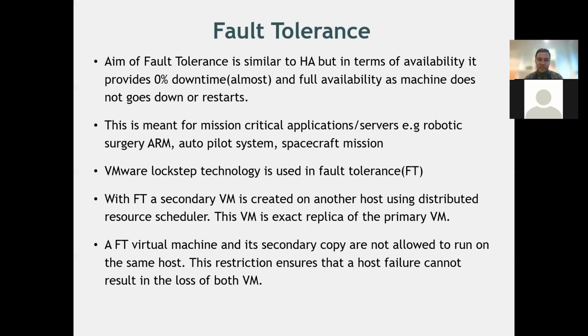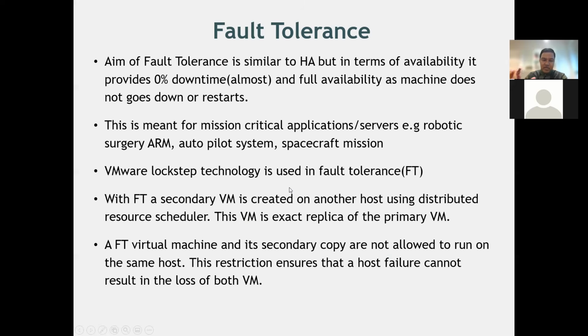So in the VM world, for mission critical systems, they use the fault tolerance technology of Lockstep, where they lock the primary and secondary VMs. The secondary VM will be the exact replica.